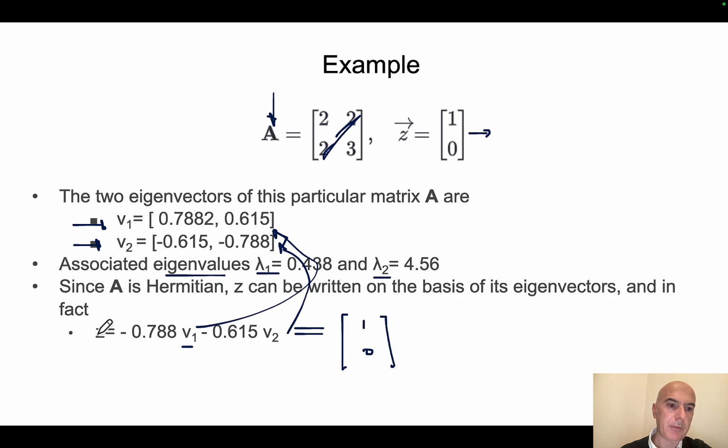So what we did was express our vector z in terms of V1 and V2, which are the eigenvectors of the matrix A, resulting from the eigendecomposition of our matrix.